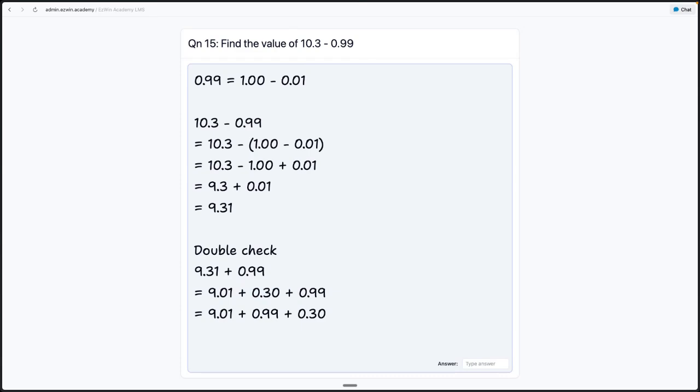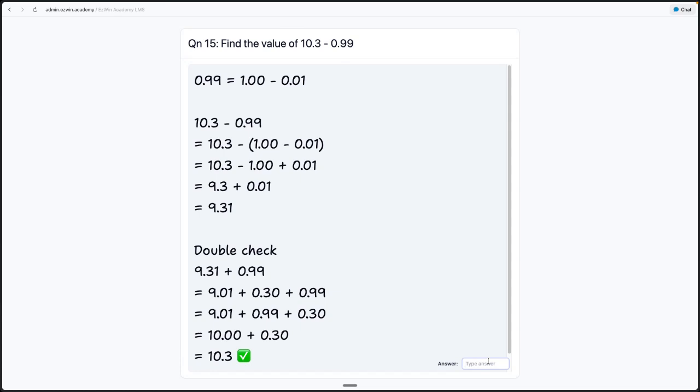Now we can just add them up, so this becomes 10.00 plus 0.30, which becomes 10.30, or 10.3 in this case, which is correct. There you go. So the answer to this is 9.31.